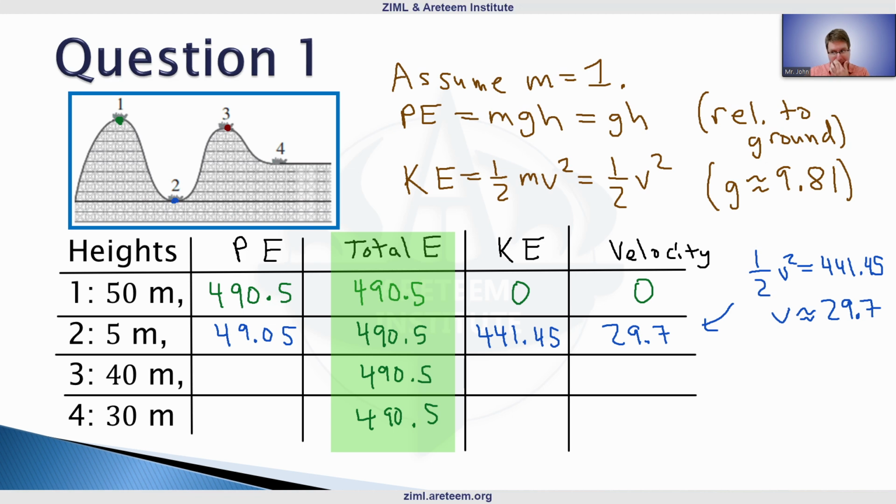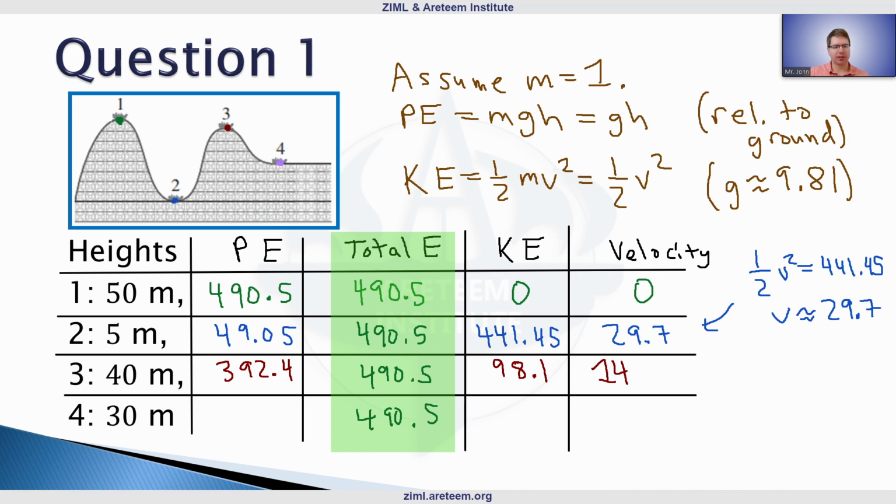At 3, it's at a height of 40 meters. So at that position there, we can say this is 392.4. Well, what's the leftover kinetic energy? We're now going to have a leftover kinetic energy of 98.1. Not that much there. And velocity, double that, take the square root, you're going to get roughly 14 for the velocity in that case. And we could complete this for the final point 4 there as well.